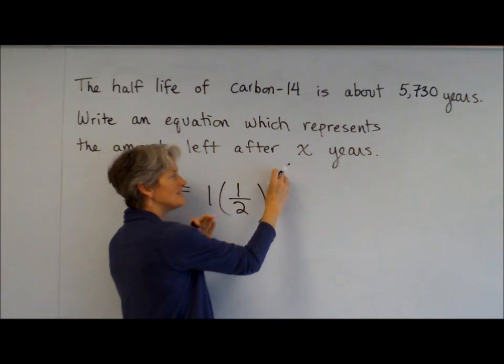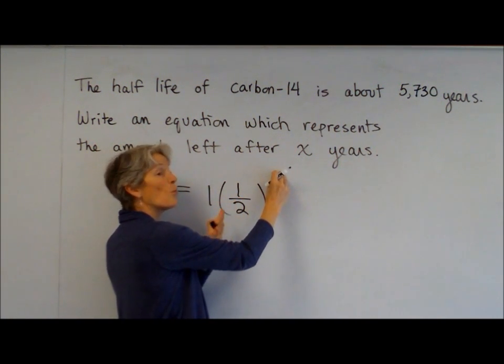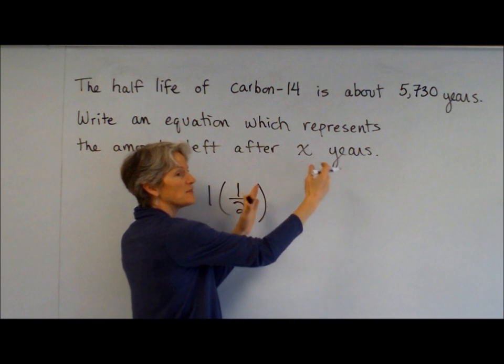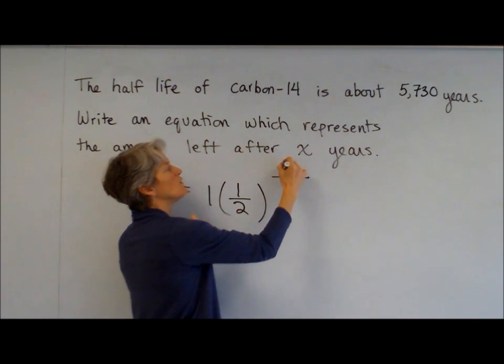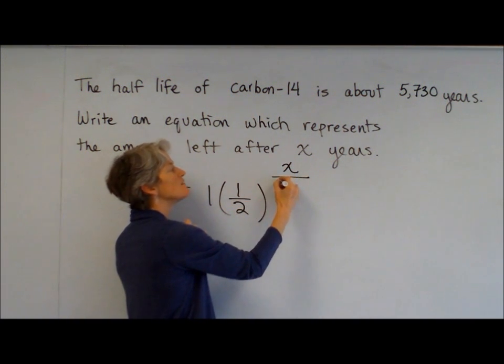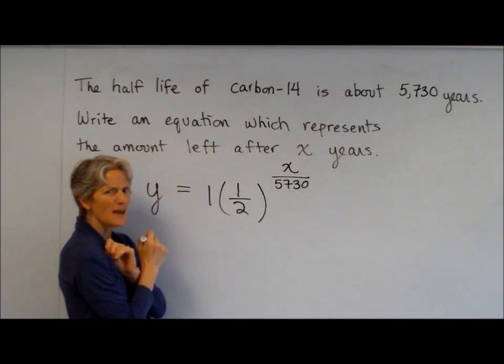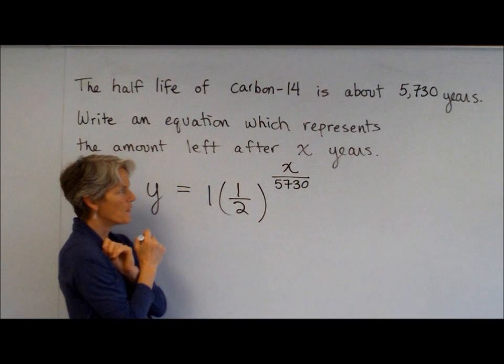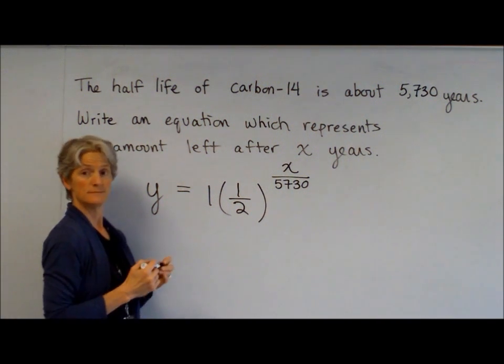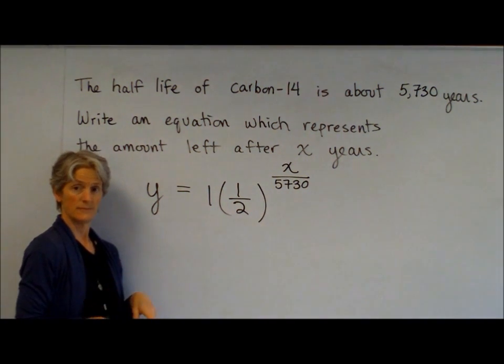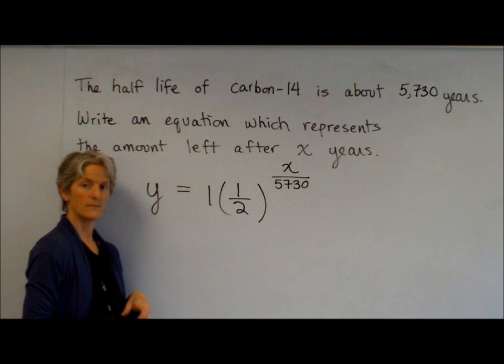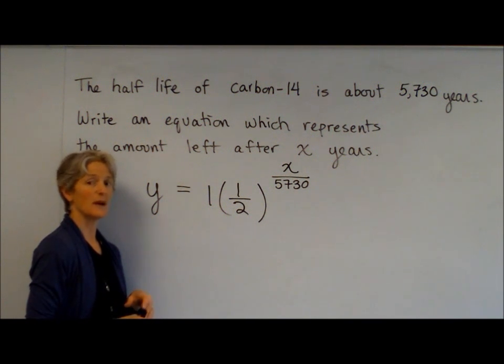I want to have it once every 5,730 years, so I'm going to take the number of years and divide it by 5,730. That makes sense. So every time I increase x by 5,730, that exponent actually increases by 1.